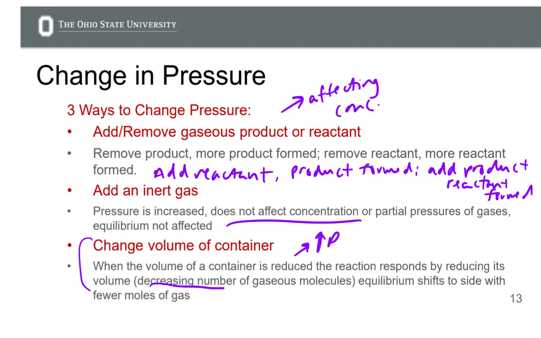It does that by decreasing the number of gaseous molecules. So the equilibrium shifts to the side with fewer moles of gas. That's just a restatement of what we just did. And then the opposite is true. If we increase the volume of the container, equilibrium shifts to the side with more moles of gas.